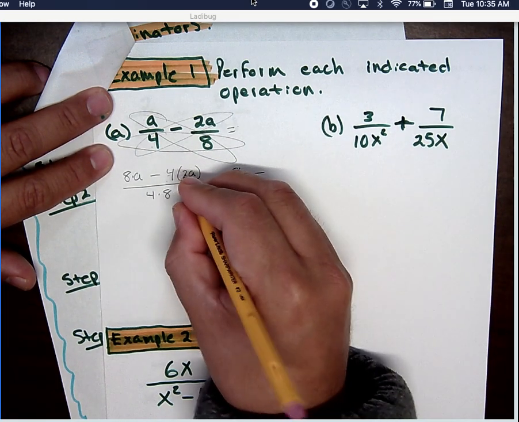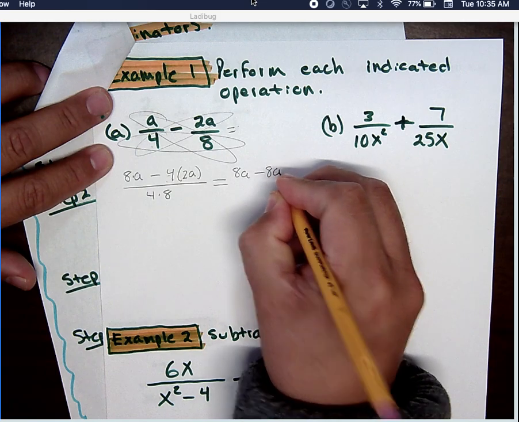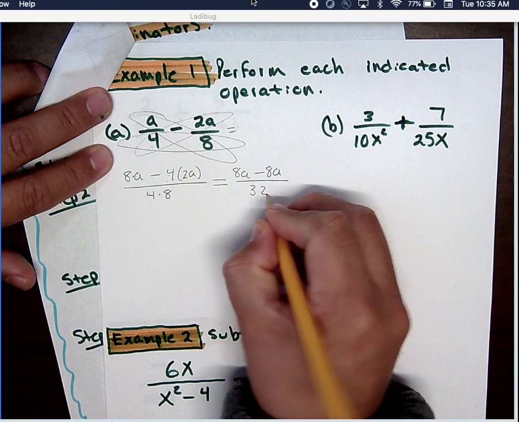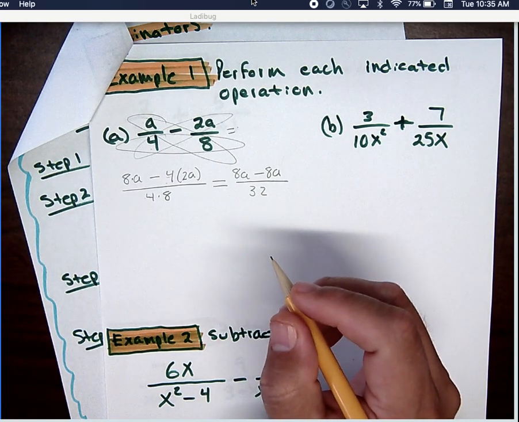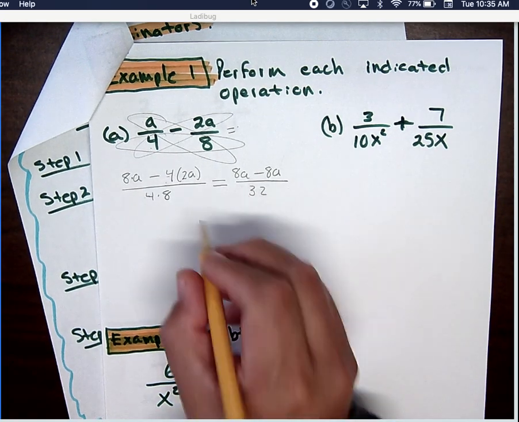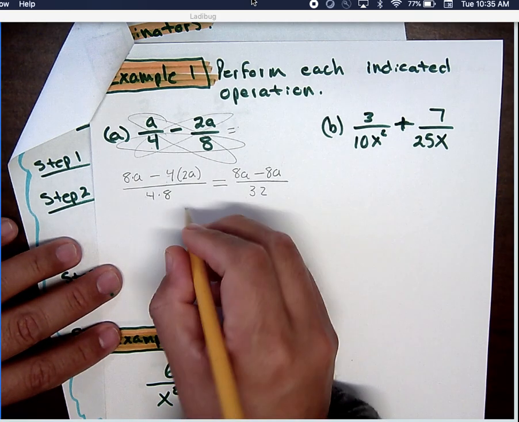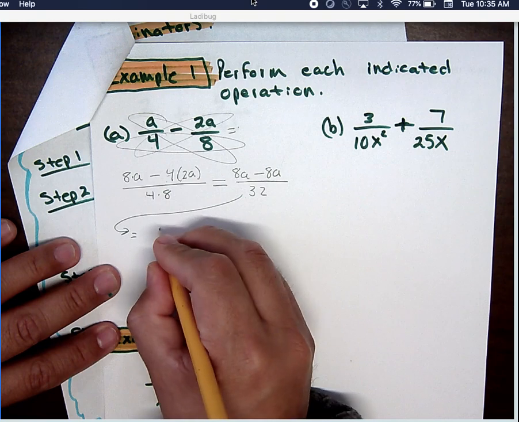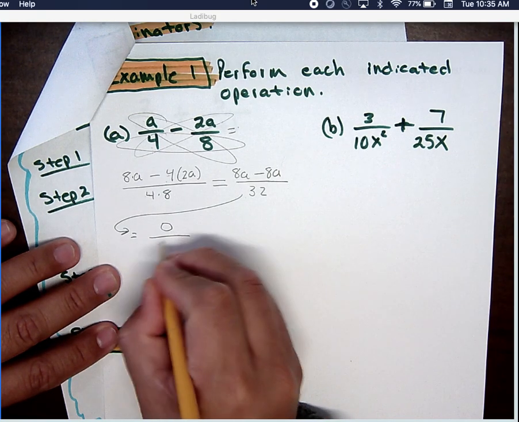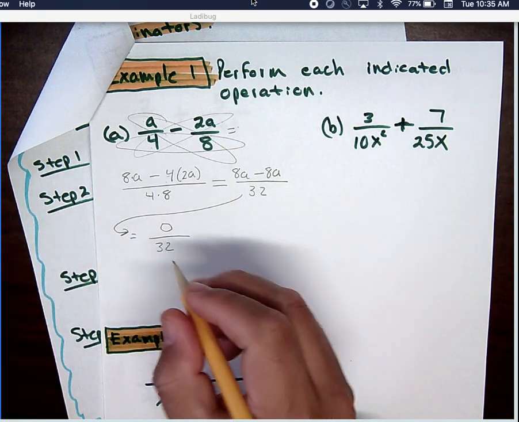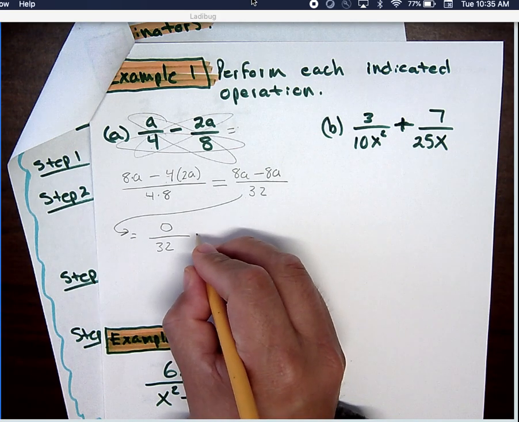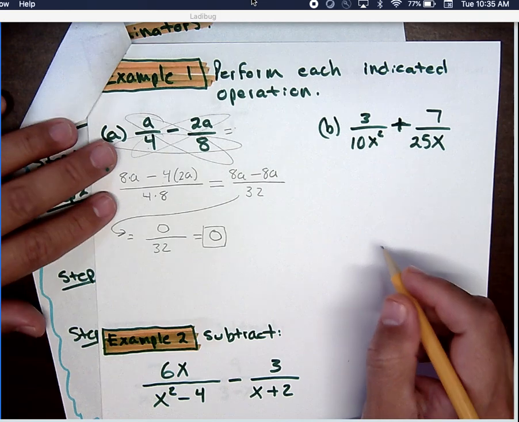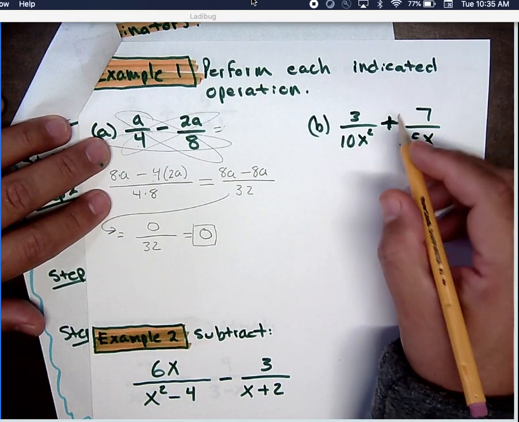Minus 4 times 2, 8a, over 4 times 8 is 32. So equals 8a minus 8a would give you 0 over 32, so 0 divided by any number would just be 0. That's it.